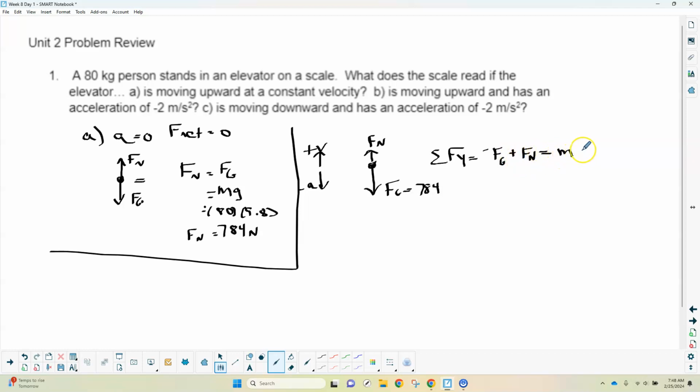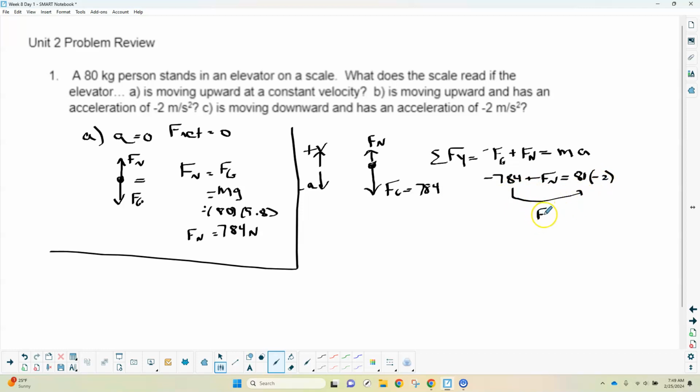That equals ma. So if we plug in, it's negative 784 plus Fn equals the mass, which is 80, times -2. When I solve, I'm going to bring this positive 784 to the other side.